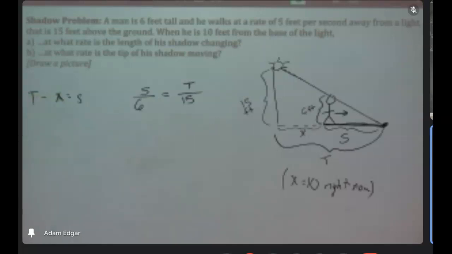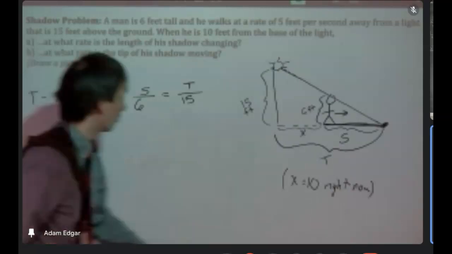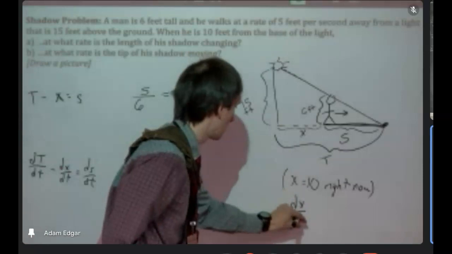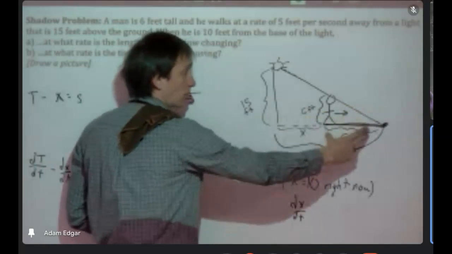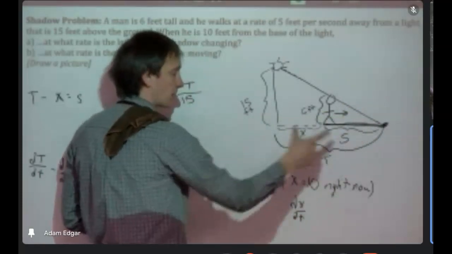So you still are going to want to differentiate. And what do we get when we differentiate? dT/dt minus dx/dt equals dS/dt. And you only know one of these, right? You know dx/dt, because that's how fast this guy is moving. So as he walks out here, that's going to change the shadow, and it's going to change T, but it's going to directly change x.